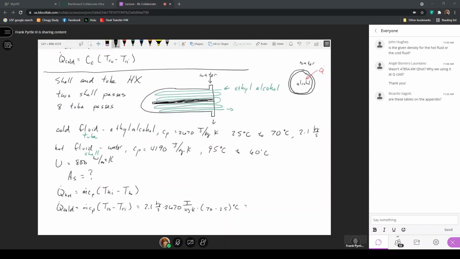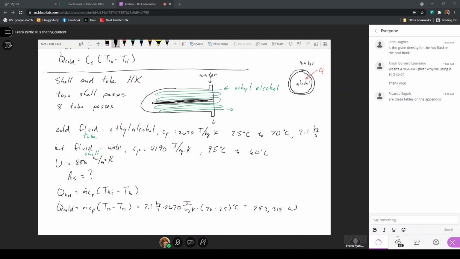So here, 2.1 times 2670 times 45, I get 252,315 watts is the heat transfer rate into the cold fluid.